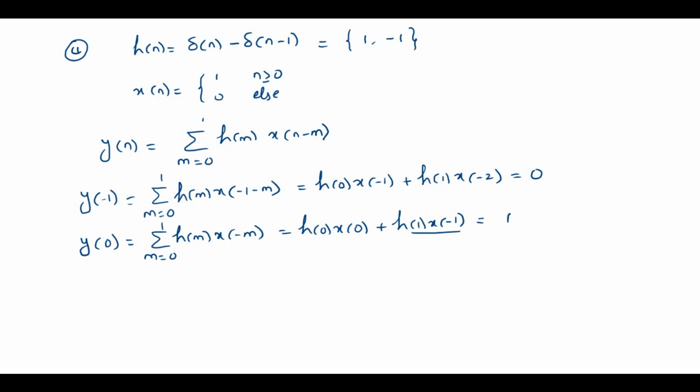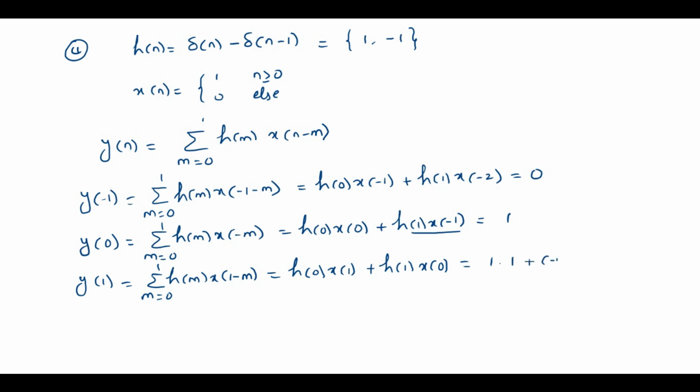So the product is 1. Next, y of 1, summation m from 0 to 1 of h of m x of 1 minus m. Its value is h of 0 into x of 1 plus h of 1 into x of 0. So h of 0 is 1 into x of 1 is 1, plus minus 1 into 1.